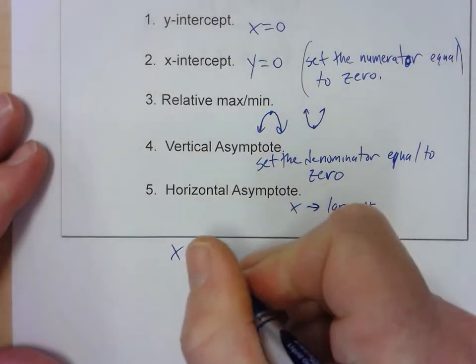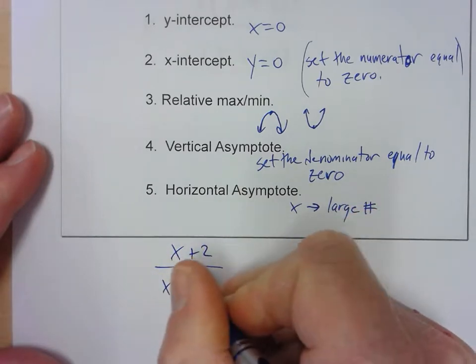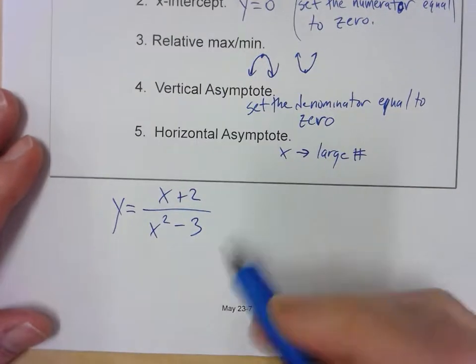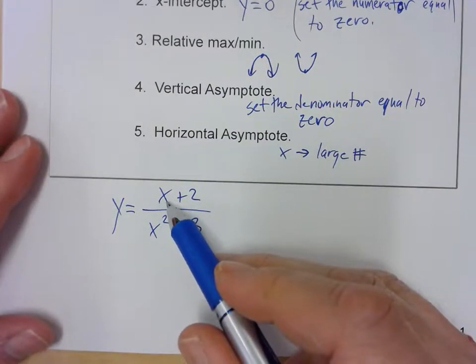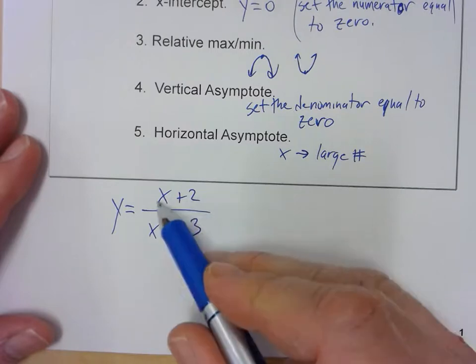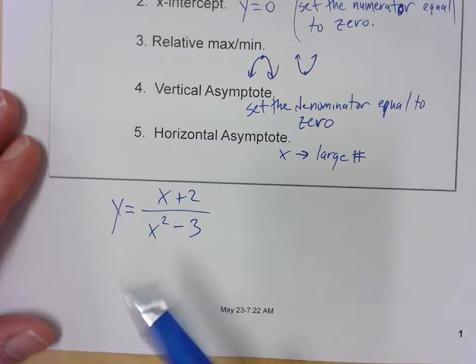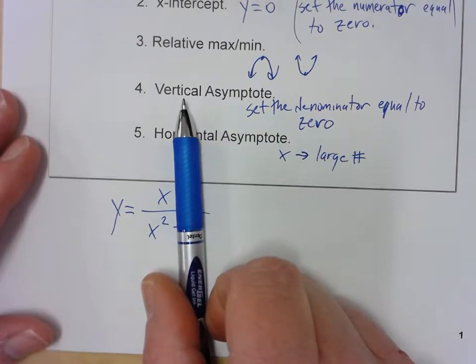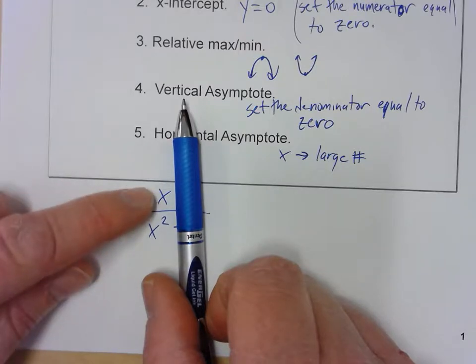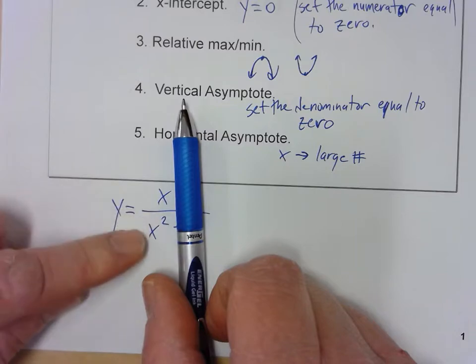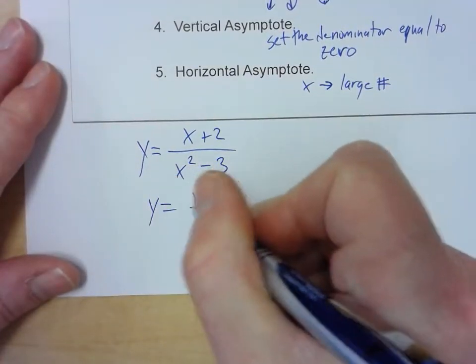If you have x plus 2 over x squared minus 3, and this is your function right here, and you're putting in huge numbers like a billion, well, a billion plus 2 is basically a billion, and a billion squared minus 3 is basically a billion squared. So when you put in super large numbers, this behaves like x over x squared, and x over x squared is really 1 over x. So for large numbers, this behaves like 1 over x.